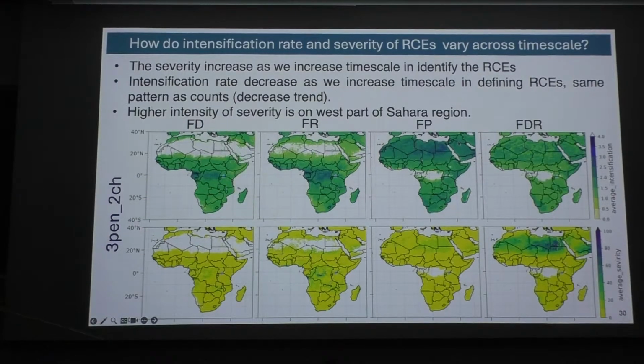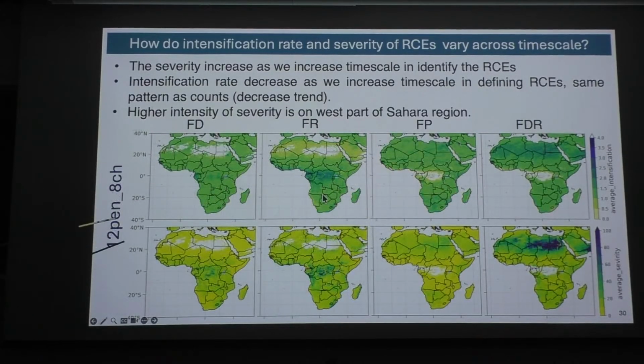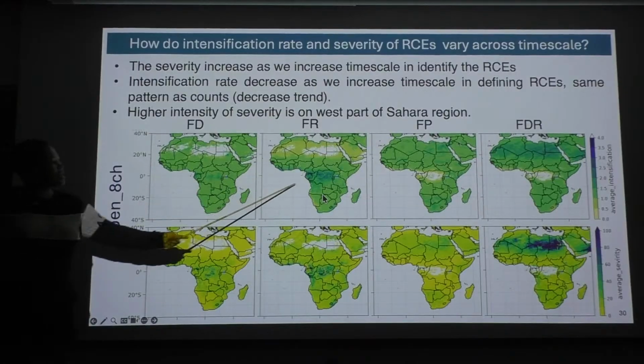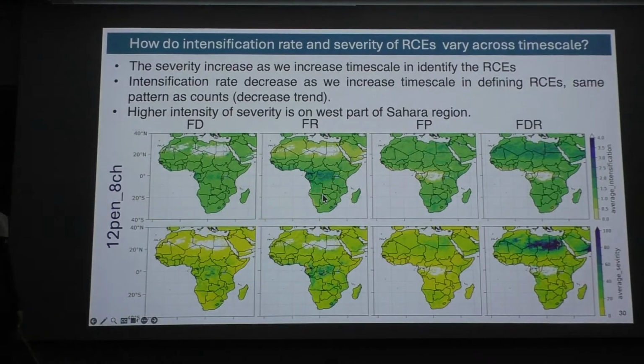How about when we go further in defining our rapid change event? The intensity of the color change shows that the severity and intensification rate reduced. It is the same thing we saw for flash drought.